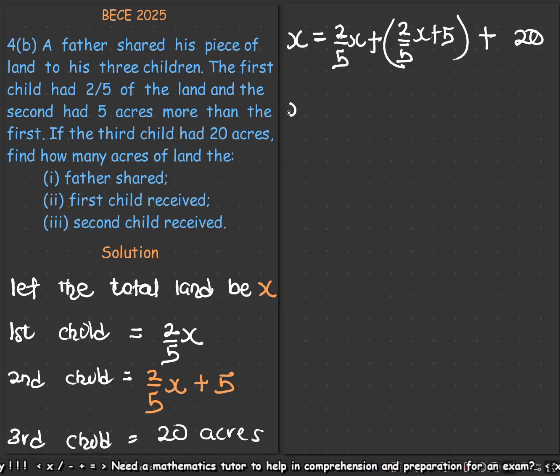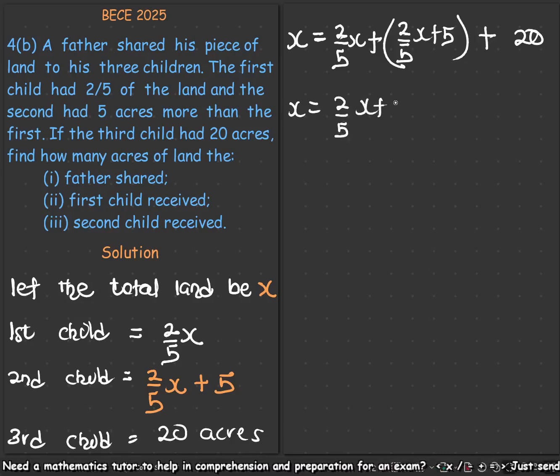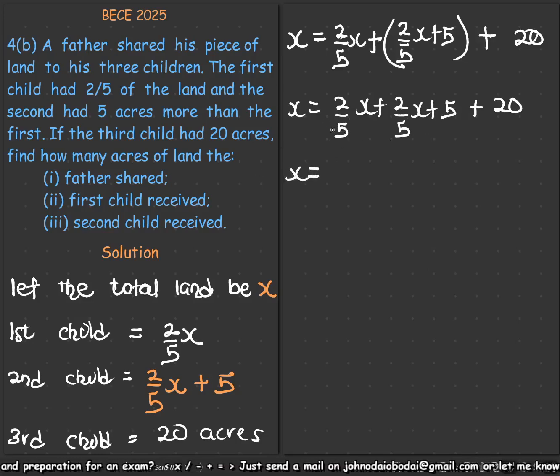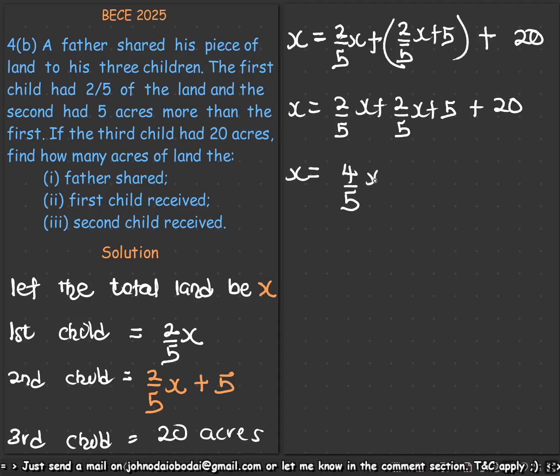Solving, we have X is equal to, I would first want us to remove our bracket. So 2/5 X plus 5 and then plus 20. If we are to solve further, we know these are like fractions and they have the same denominator. So 2/5 plus 2/5 is going to give us 4/5 X. Then plus 5 plus 20 gives us 25.